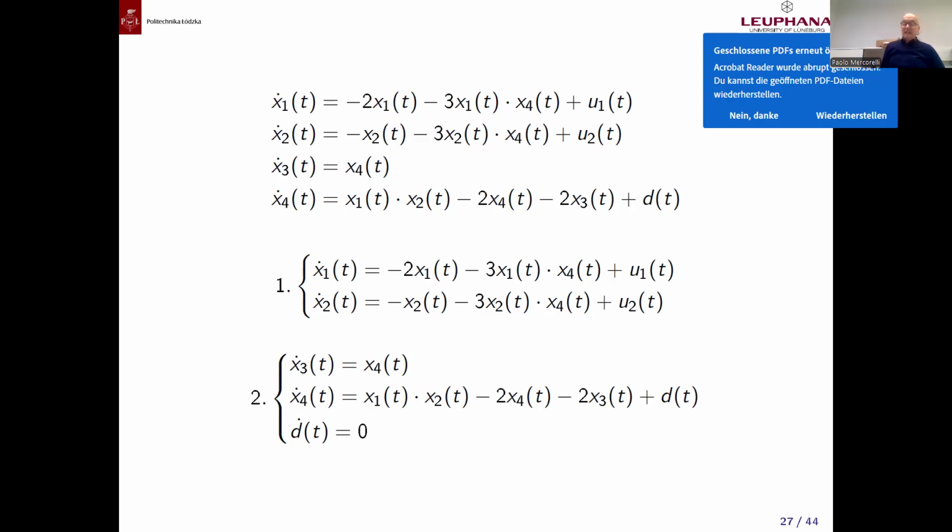Until now, we have seen that each time I consider an augmentation, we have a nonlinearity. But in this case, I am considering an augmentation, but we don't have it. Why?